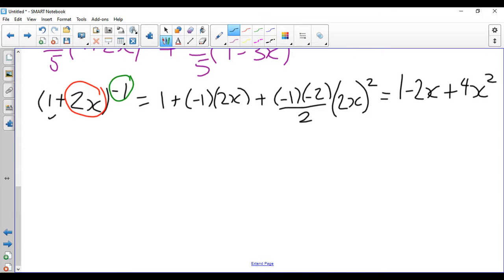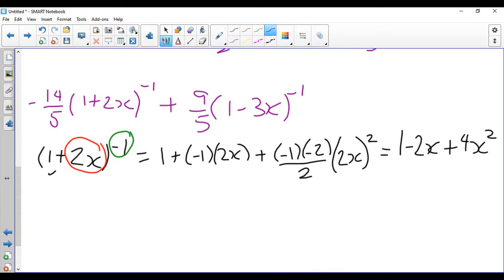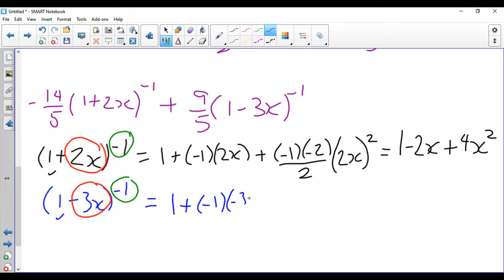Right, so let's do 1 minus 3x to the minus 1. So minus 1 is my power, minus 3x is my substitution. Please be careful, and it starts with a 1. So straight in, 1 plus nx, being careful, of course, to put it all in a bracket, including that minus.